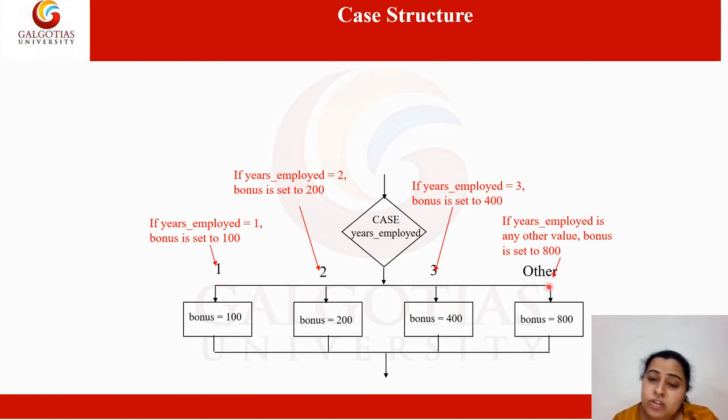After that, we just give a process, because we are assigning bonus a value. So then we have a process box. And then all these processes will go to the next step. This is how we implement a case structure in a flowchart.